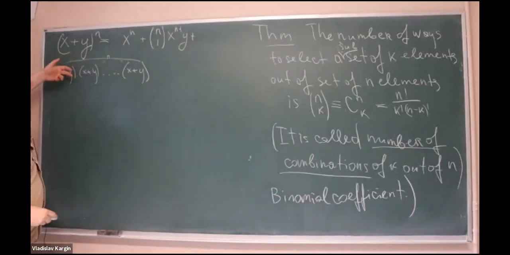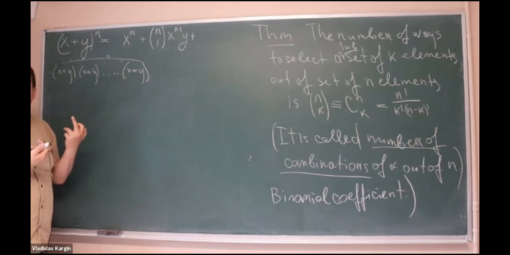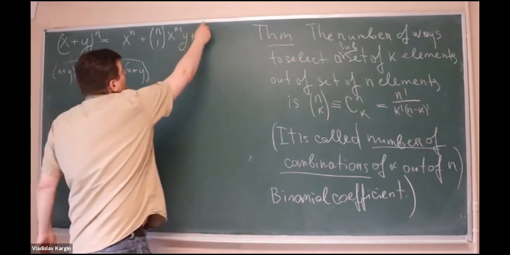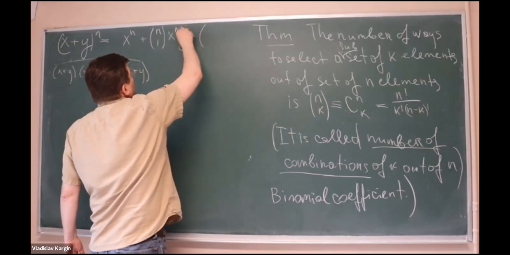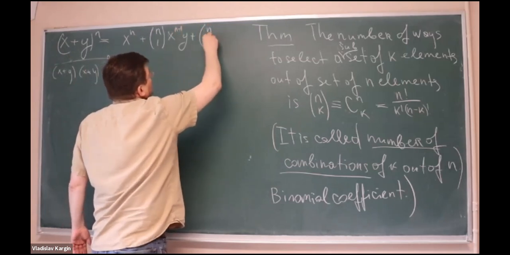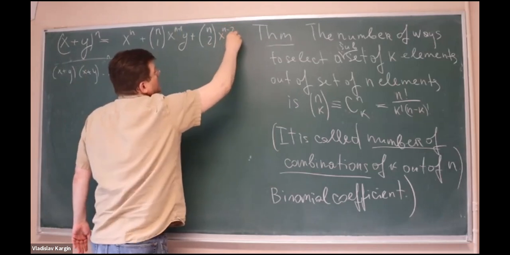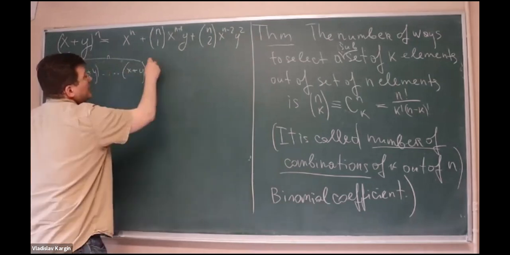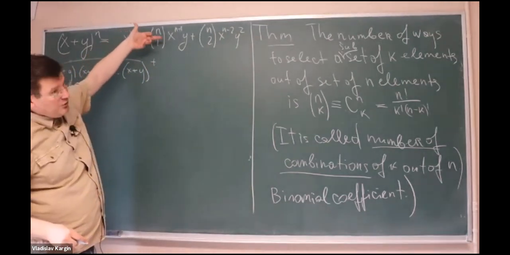Plus, for the next coefficient, you need to choose two brackets from which you choose y, and from all other brackets you choose x. And so here will be (n 2) x^(n-2) y^2. Right? And you continue. So you see that here is the binomial coefficient.